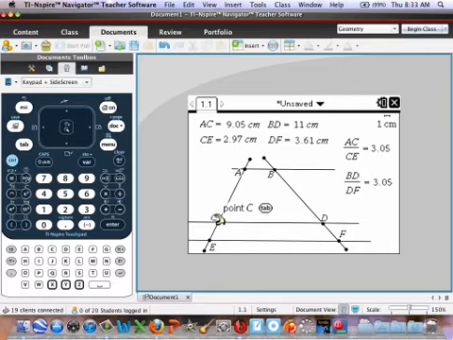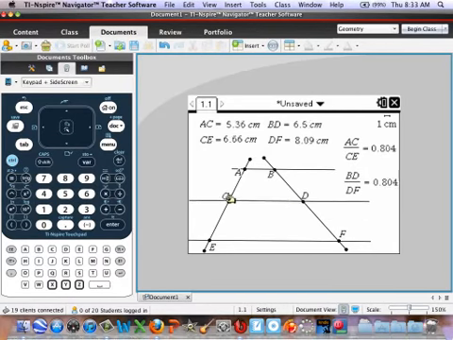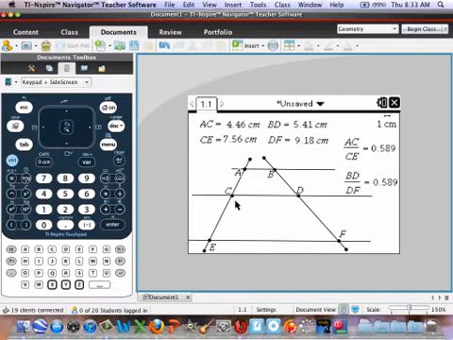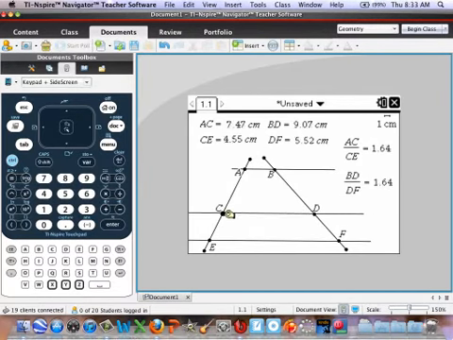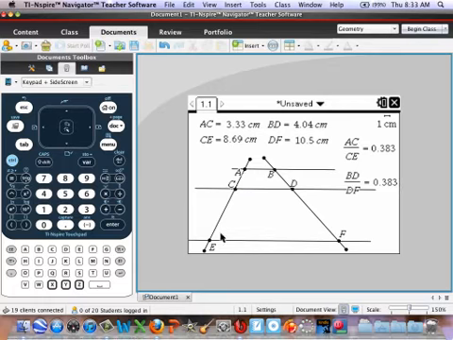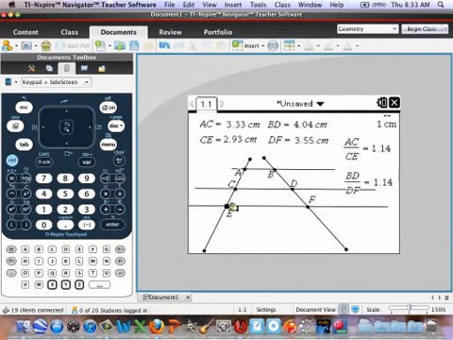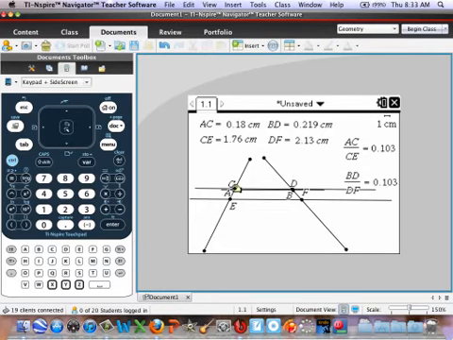What's interesting is that no matter where I put CD, those ratios are the same. In fact, wherever I put EF, it's also the same. And if I put AB way down here, again, it stays the same. So the concept to take out of this short video is that if the ratios are the same, that means they are proportional.